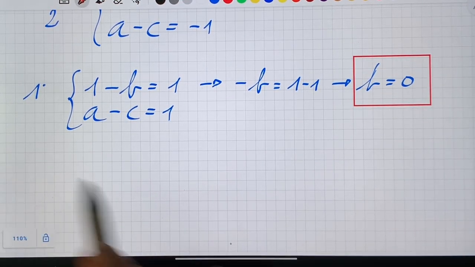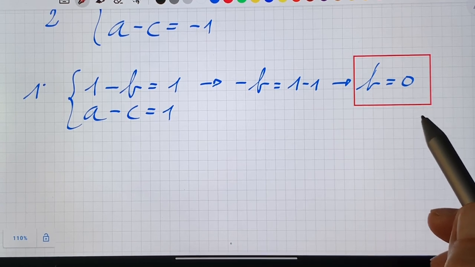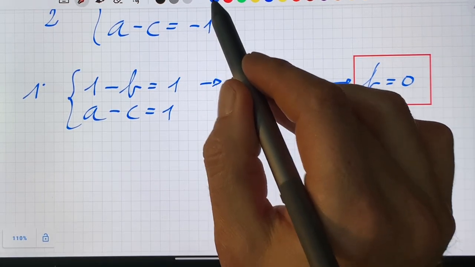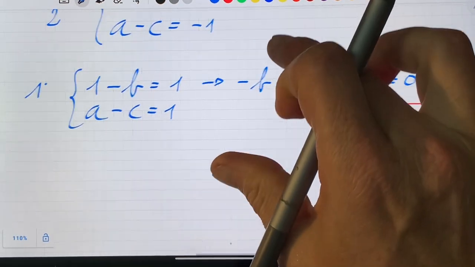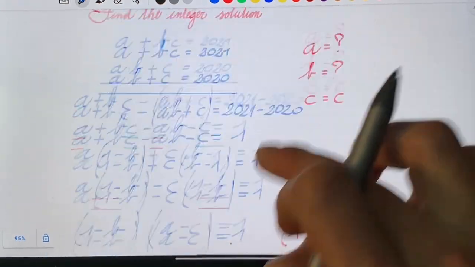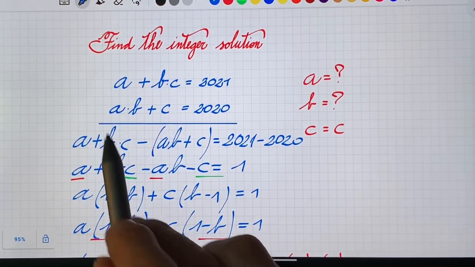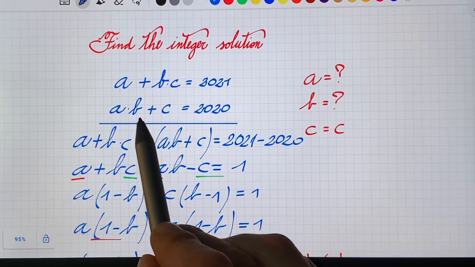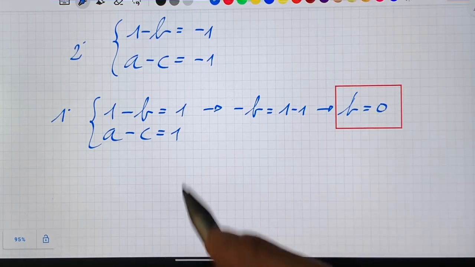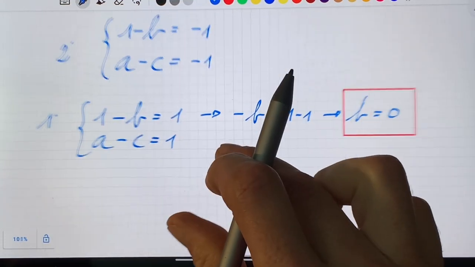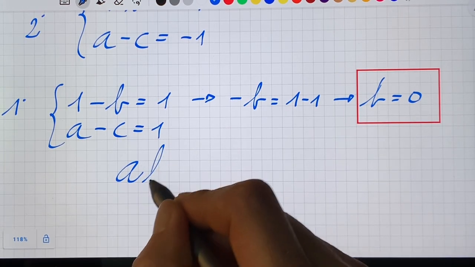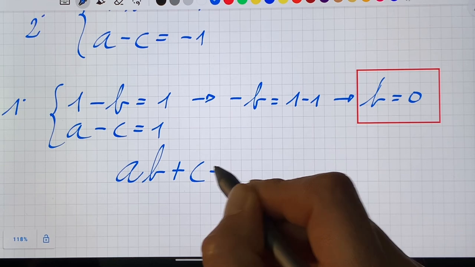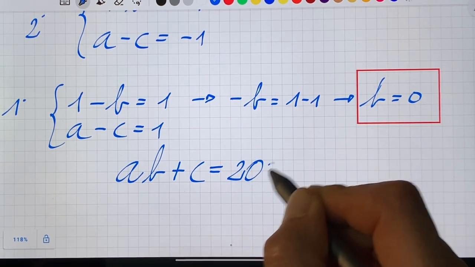So, in the first case we get b equal to 0, and then in order to find a and c, we must use the original equation. Perhaps we will use a times b plus c is equal to 2020.